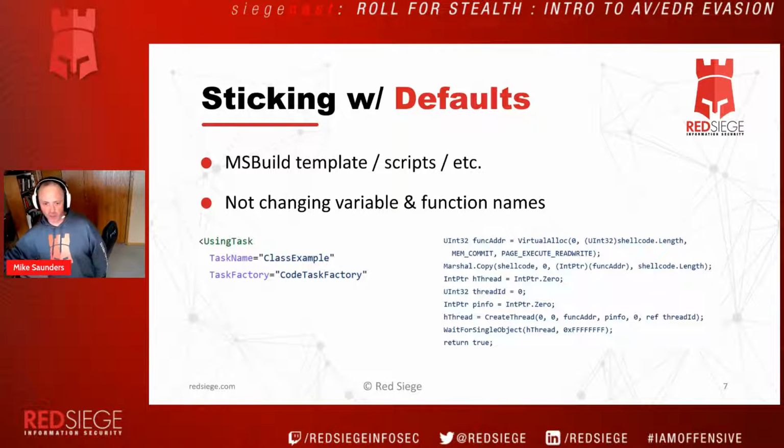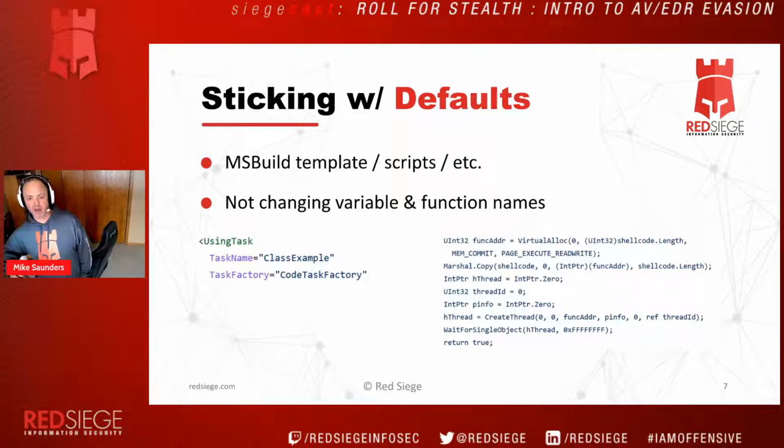Might work on day one when a new technique comes out, but pretty soon, if you think about something, maybe the MS build technique, that template's going to be signatured pretty quickly. And there are things in those templates that are going to be signatured, like variable names and function names. So you can see here on the slide, we've got a task that is a task name of class example and a task factory of code task factory.